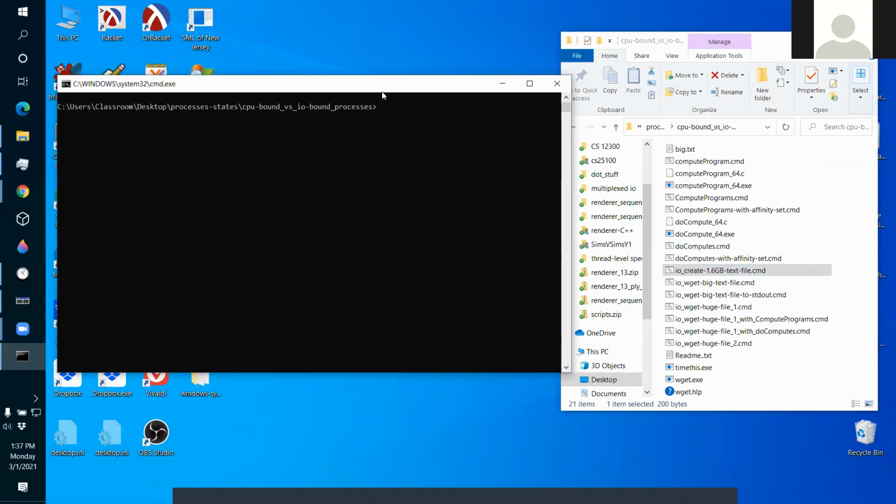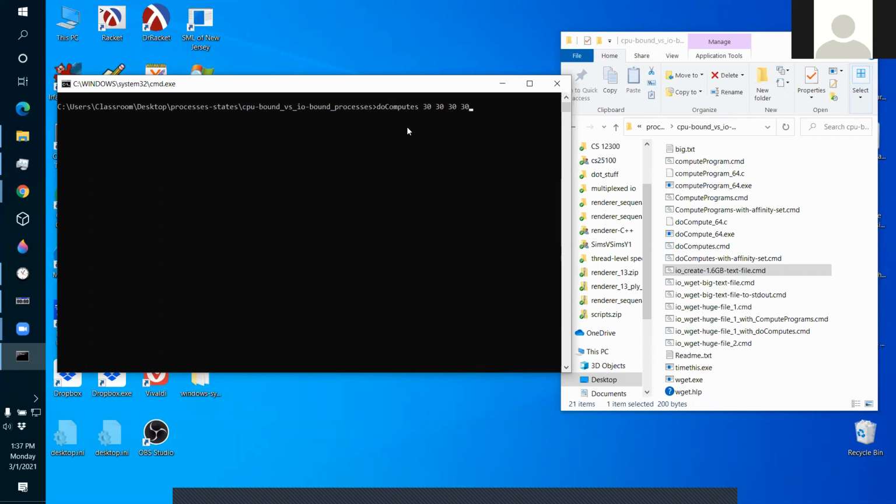Let's do something that will take a fair amount of time. Do computes. I'll do it without the affinity. So do computes and run, say, a 30-second job, a 30-second job, a 30-second job.